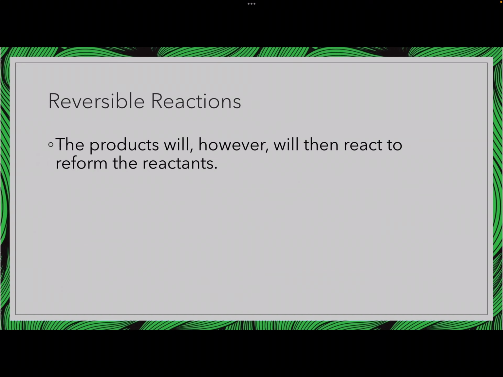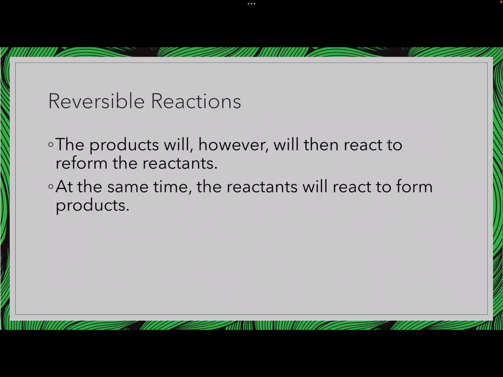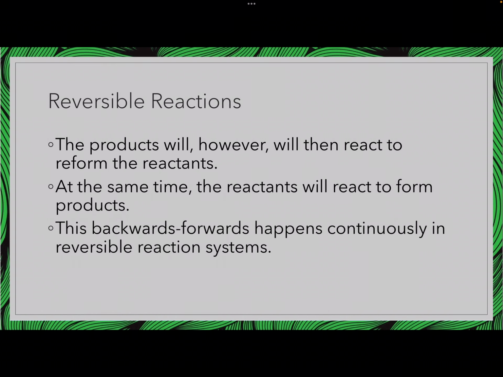However, what actually happens, the products also react to form reactants. So we get the reverse reaction happening. At the same time, reactants will react to form products. So we actually get both reactions happening at the same time. It's backwards and forwards, so reactants become products, products become reactants in this great big cycle.